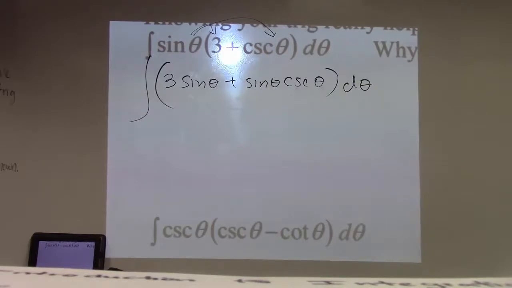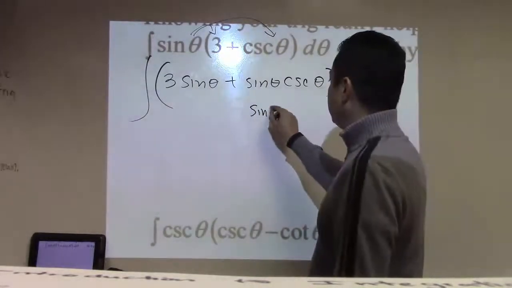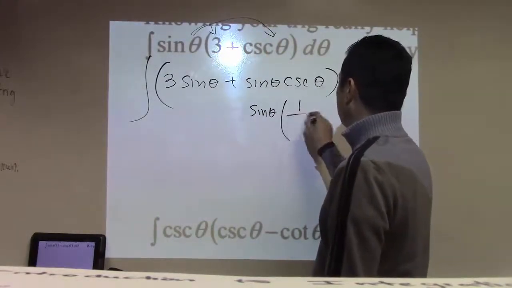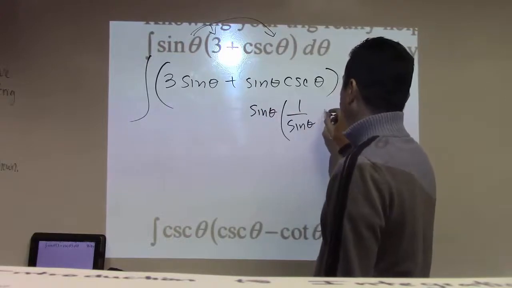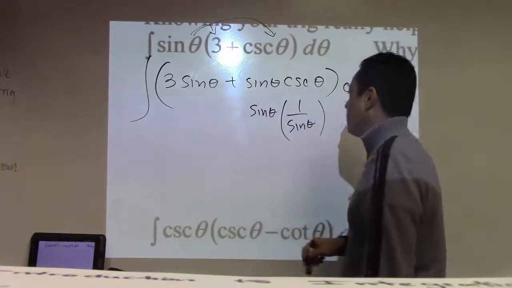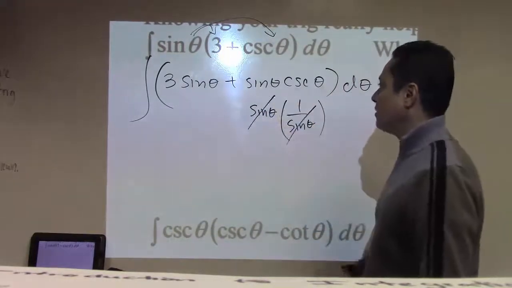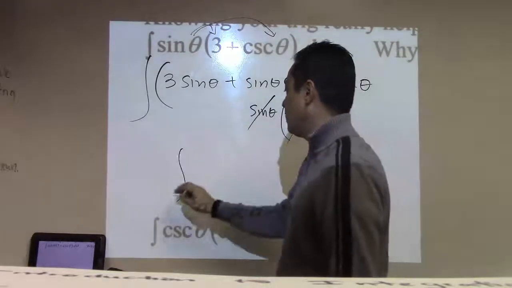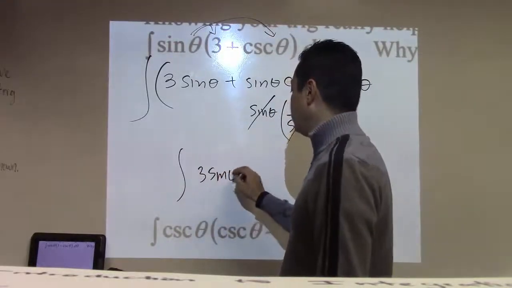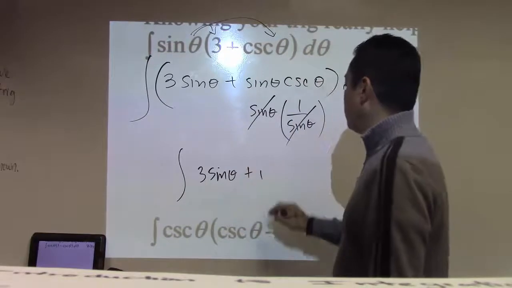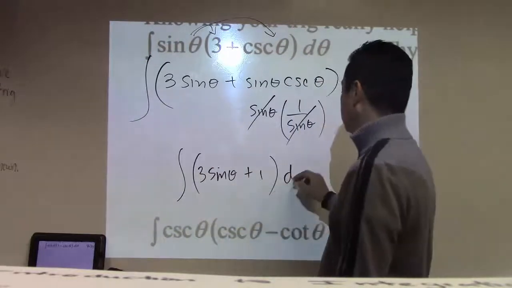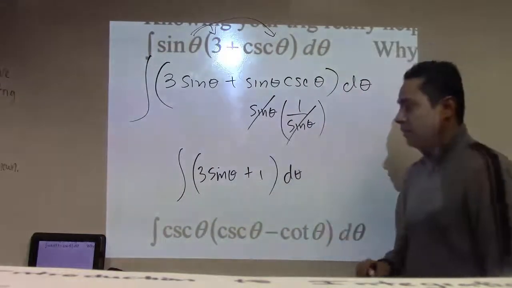So that's my way of teaching them to recall this. So this becomes sine theta times 1 over sine theta, because cosecant is 1 over sine, and sine cancels. So eventually this just becomes the integral of 3 sine theta plus 1 d theta. This is not 0, people.